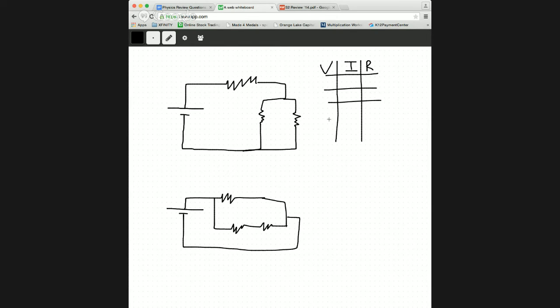So I'll talk through it without actually going through the numbers. So remember your values for R1, R2, R3, your total goes here, and then these two here are in parallel, so you combine those in parallel.